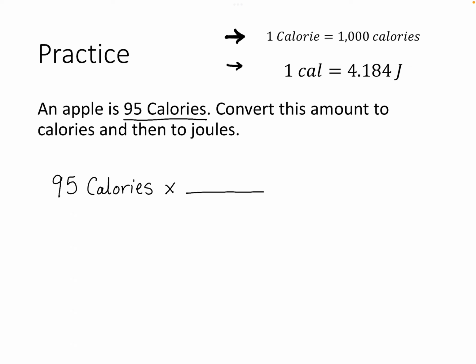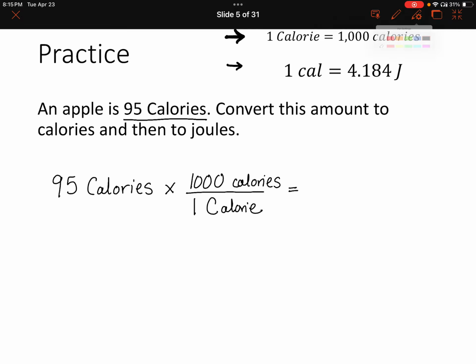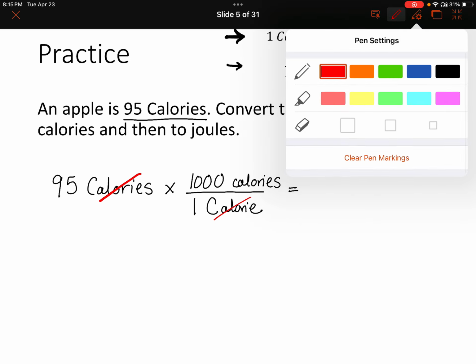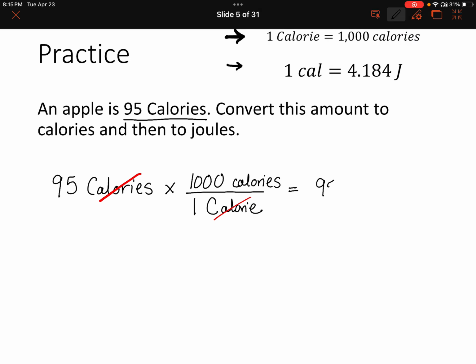And since we're converting to the lowercase calories, I'm going to put that in the numerator, and I'll put 1 capital C calorie in the denominator. All right, so capital C calories cancels, and we get 95,000 lowercase c calories.